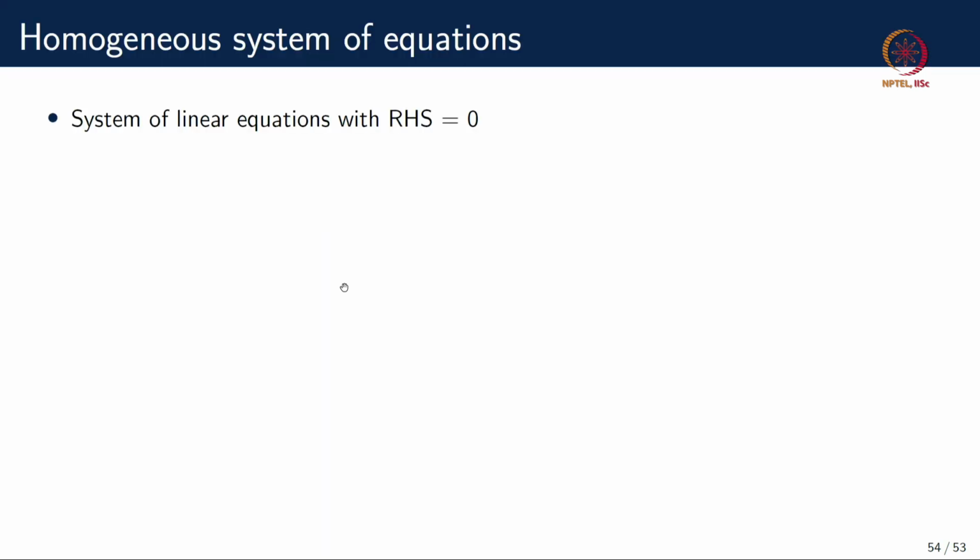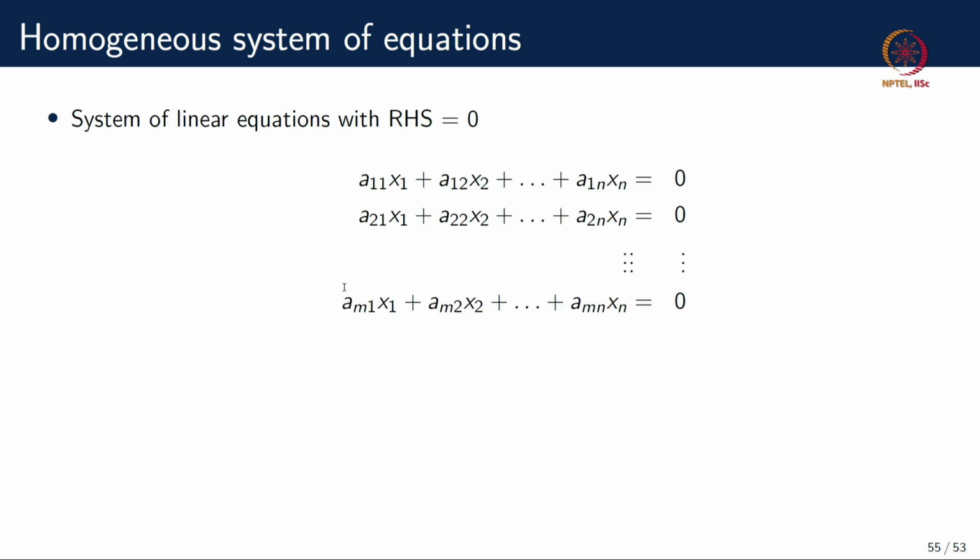A system of linear equations with right hand side equal to 0 is called a homogeneous system of equations: a11 x1 plus a12 x2 plus up to a1n xn is equal to 0; a21 x1 plus a22 x2 plus up to a2n xn is equal to 0; and lastly am1 x1 plus am2 x2 plus up to amn xn is equal to 0.